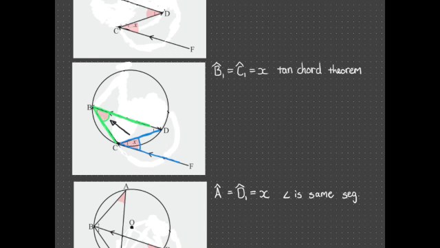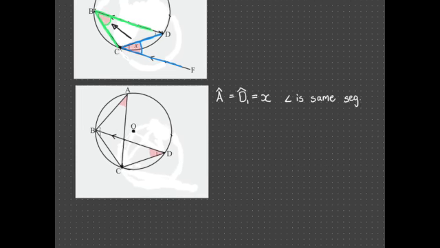In terms of the reason, I'm going to say that B1, which is this over here, is equals to C1, and C1 had a value of x. And the reason it is because of tan chord theorem. It's quite important to carry on referencing the angle where the x is. And they only asked for 3, so I'm going to go down to the last one.